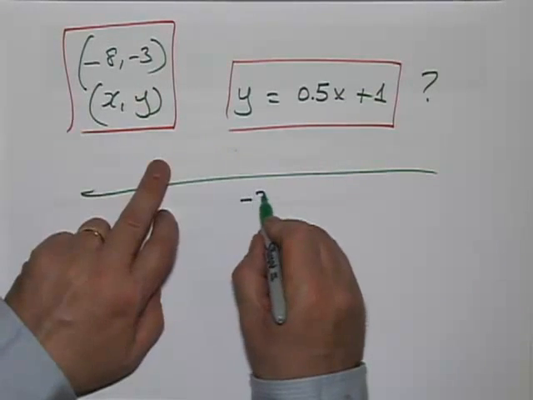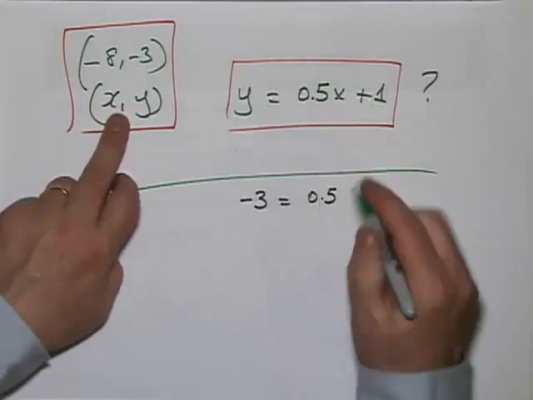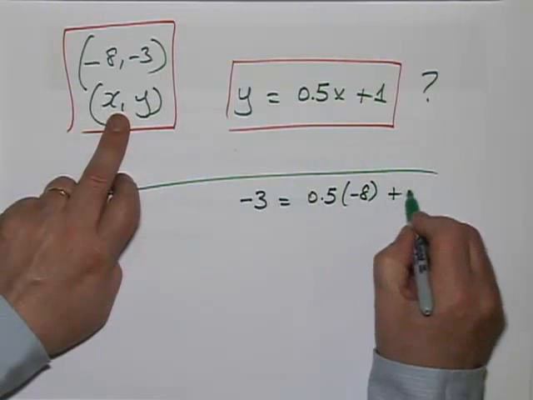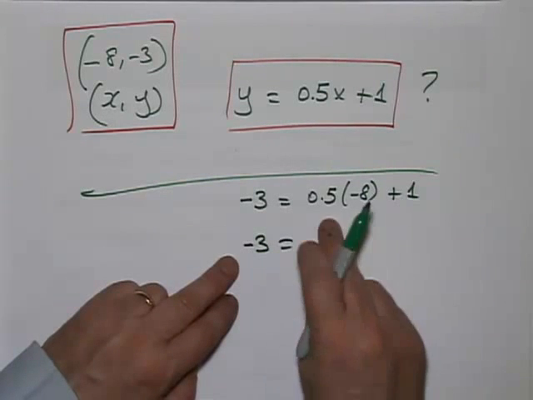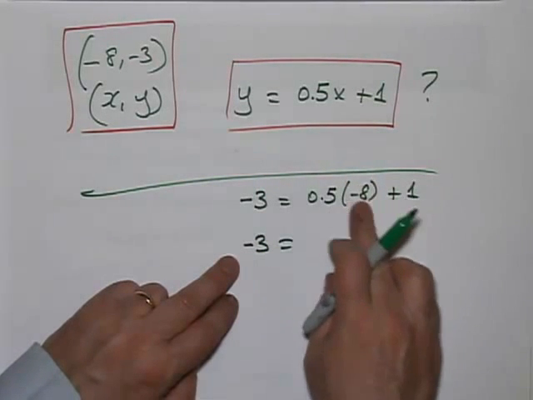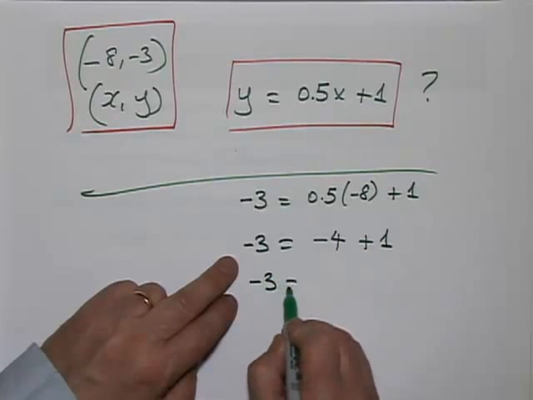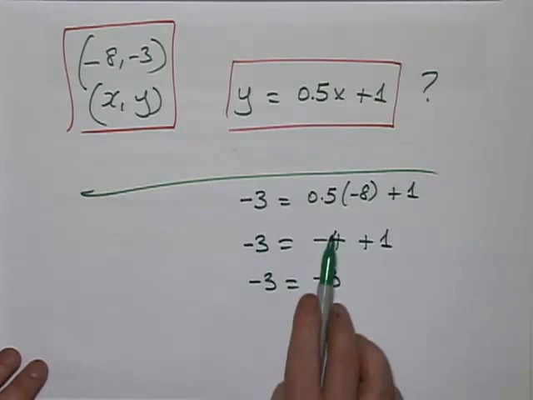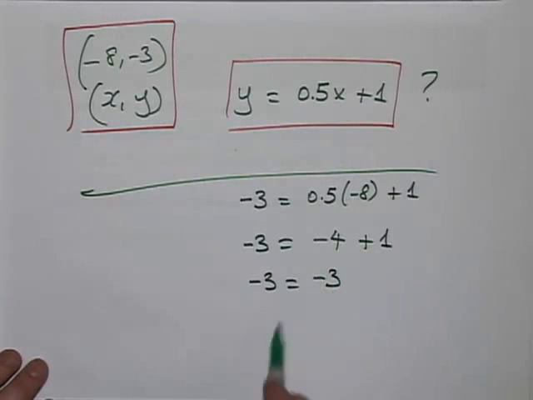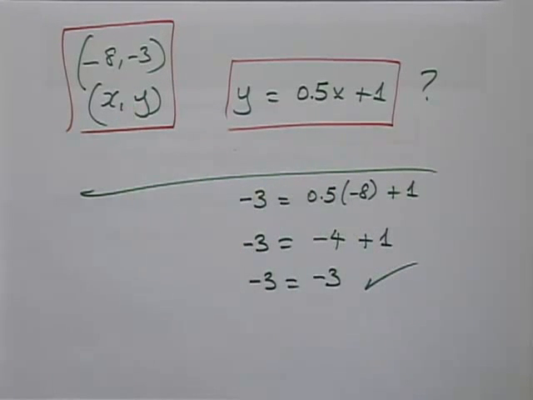Is minus 3 equal to 0.5, x is minus 8, plus 1? Minus 3 is equal to half of minus 8, which will be minus 4, plus 1. Adding these up, minus 4 and 1 would be minus 3. That's correct. It means the point is actually on the line.